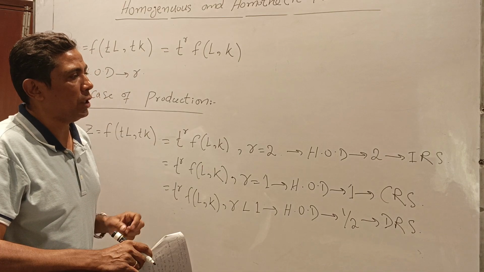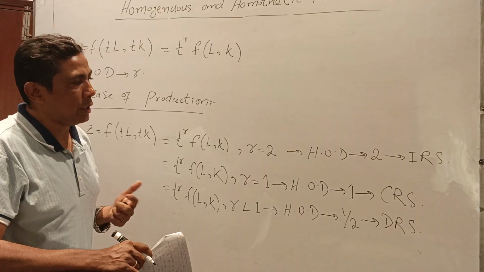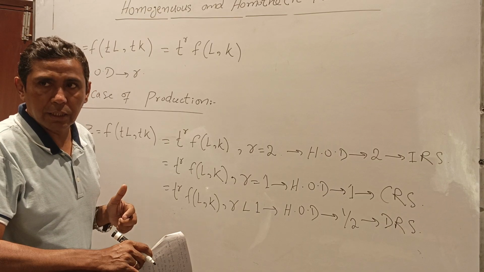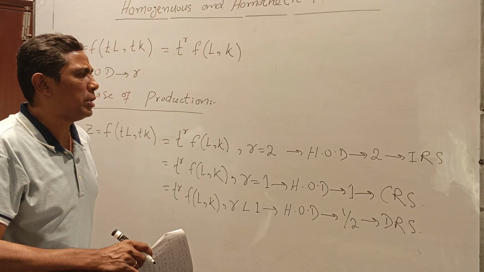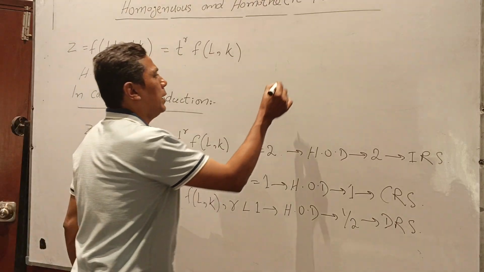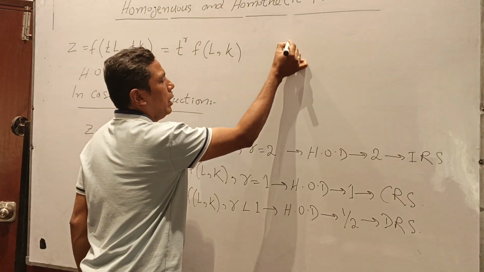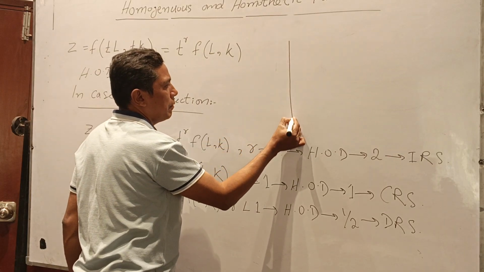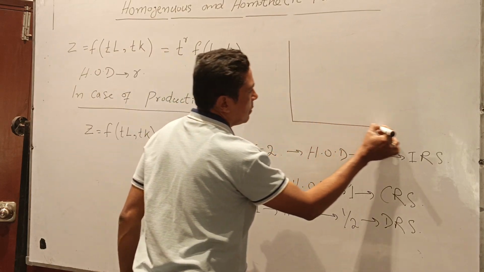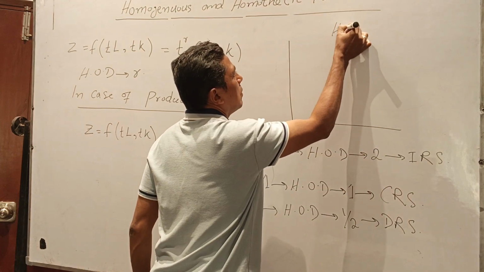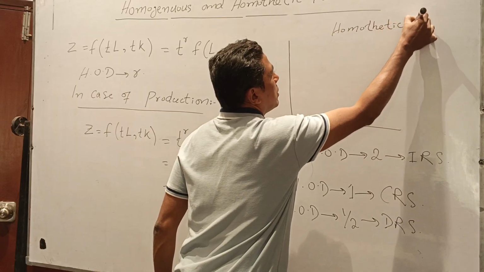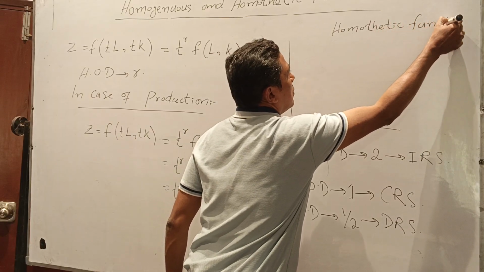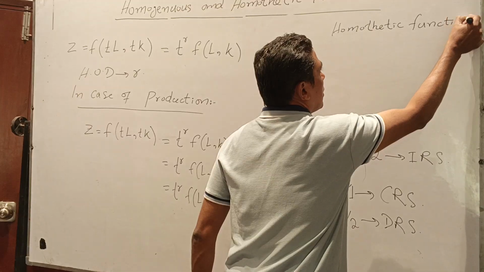So it may have increasing returns to scale, decreasing returns to scale, and constant returns to scale. Clear? So I can plot it here, the homothetic function, right?